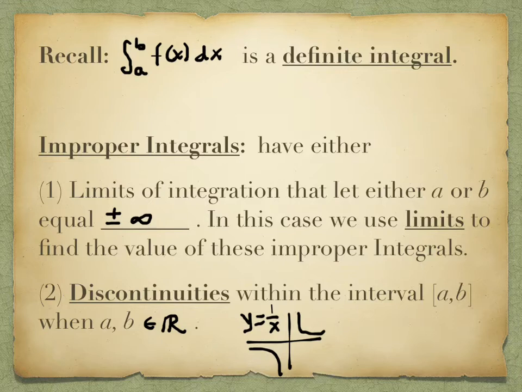So if you were finding some sort of an area, say for instance, between -2 and 2, the problem is that at 0, there is no value of your function. So this idea of finding this definite integral is not valid because we've got a break in the graph. So that's the second case. So everybody understand what an improper integral is first. You've either got an infinity on top or bottom, or you've got a break in your graph.